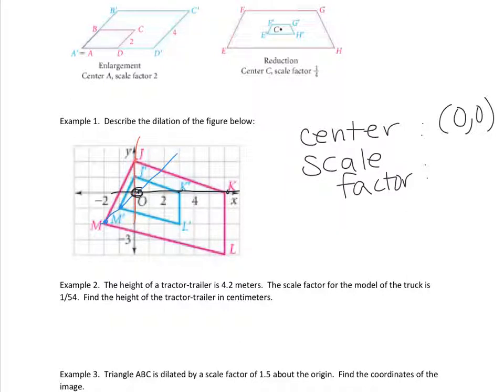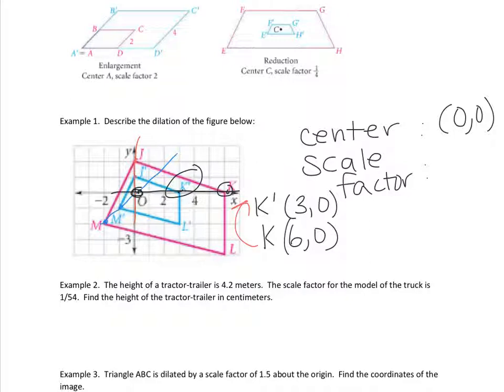The scale factor is, write your image down. So remember, your image is going to have the prime. So take one coordinate. I'm going to use this coordinate. K prime is (3, 0) and K is (6, 0). So if I'm going from K to K prime, what am I doing?